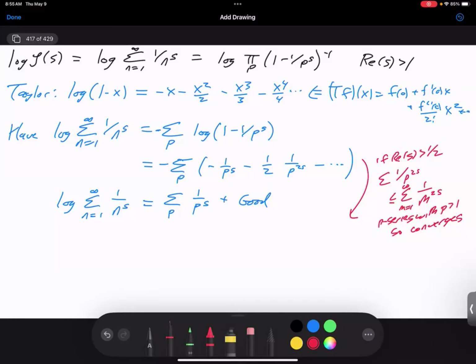And all the odds would be less than this. So as a nice exercise, even powers are a subset of 1 over m to the 2s, and odd powers greater than or equal to 3 give half or smaller of this.